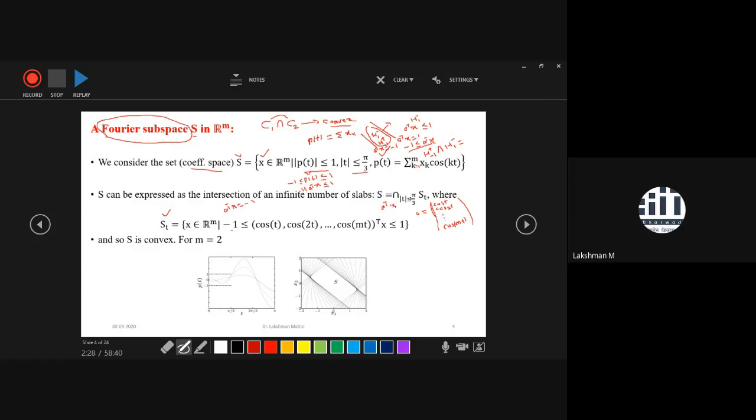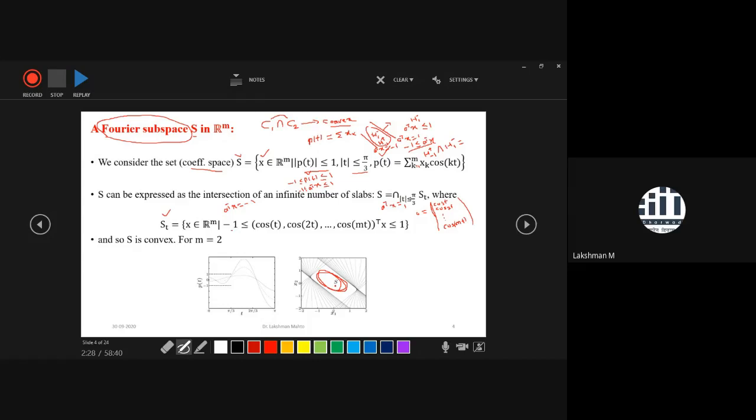Again you can observe that each slab is a convex set. So if you take the intersection of all the slabs, then this is the resultant slab. So it is an intersection of convex sets. Due to that, the resultant S, the Fourier subspace S, is a convex set.